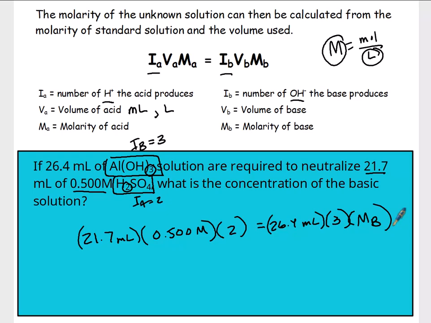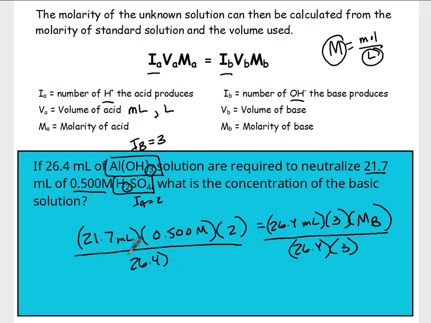To solve this, I just need to divide by my 26.4 and my 3. We had 3 sig figs, and so we get 0.274 molarity.